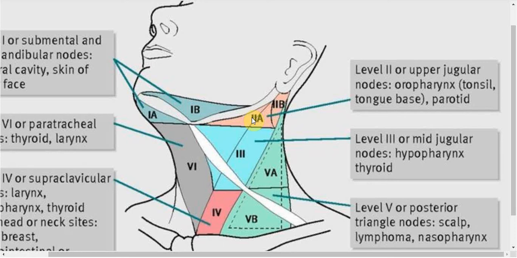In the triangle bounded by the posterior belly of the digastric, which I've already identified, the facial vein and the internal jugular vein, right? So the internal jugular vein is somewhere over here. You can already see the posterior belly of the digastric.